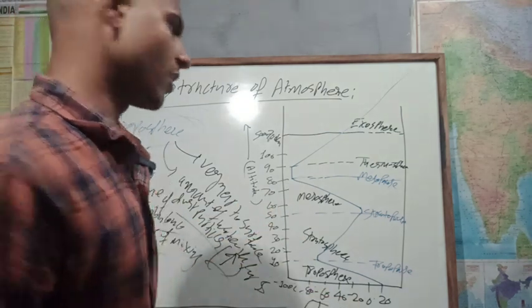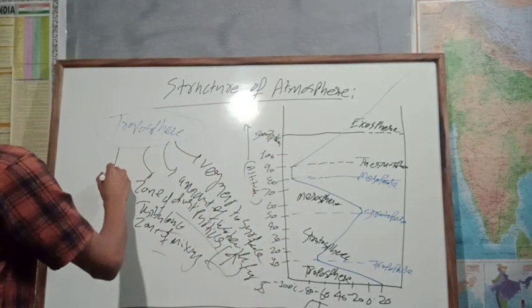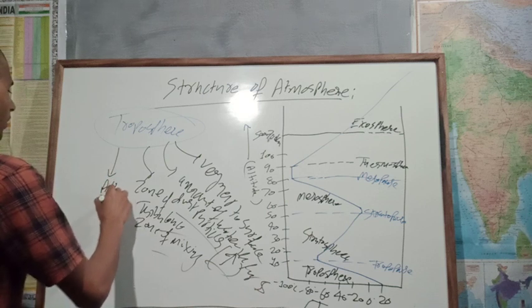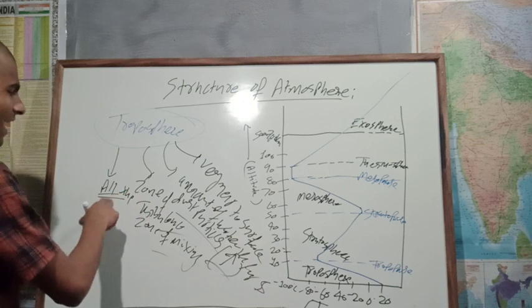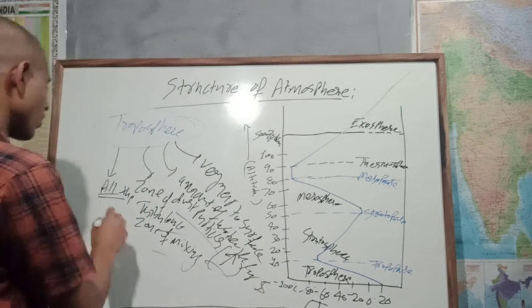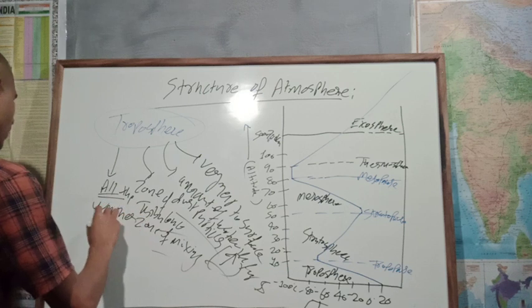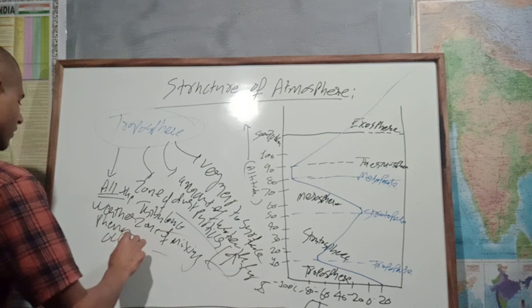And all the weather phenomena occur in this region. This is one of the most important points. Remember this word, all. UPSC asked me to give this word, all. All the weather phenomena occur in this layer.